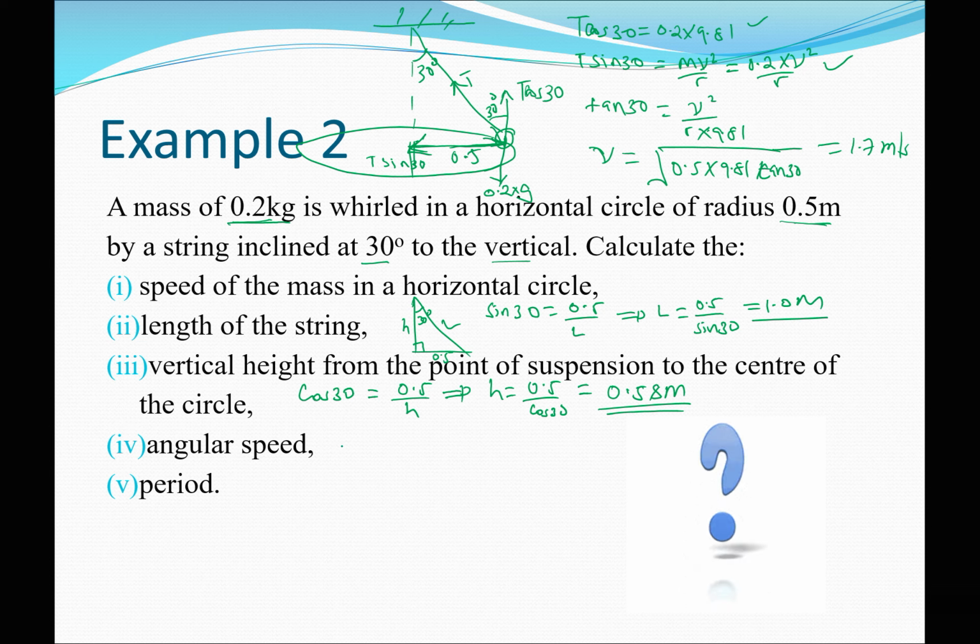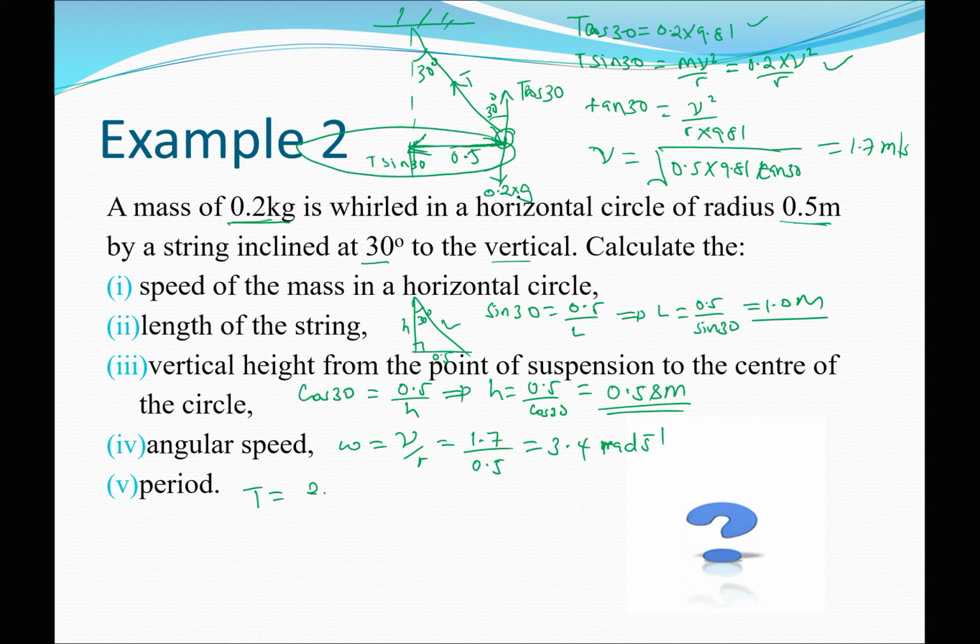Then the angular speed, so omega is equal to v over r, which is simply going to be 1.7 divided by r, which r is 0.5. We have already seen this is going to be 3.4 radians per second. Then the period. We know that omega is 2 pi over T, then T is going to be 2 pi over omega.